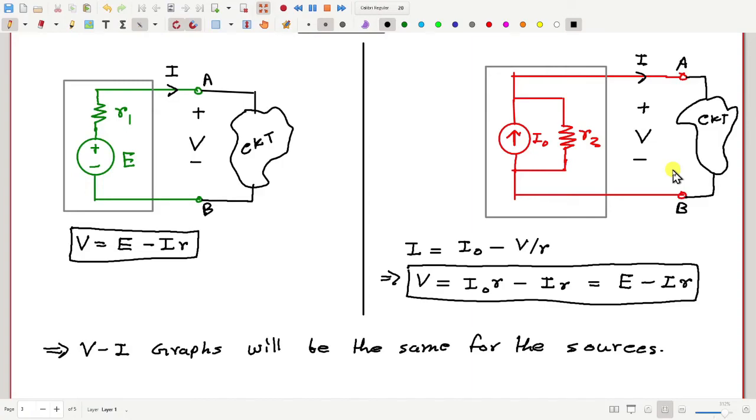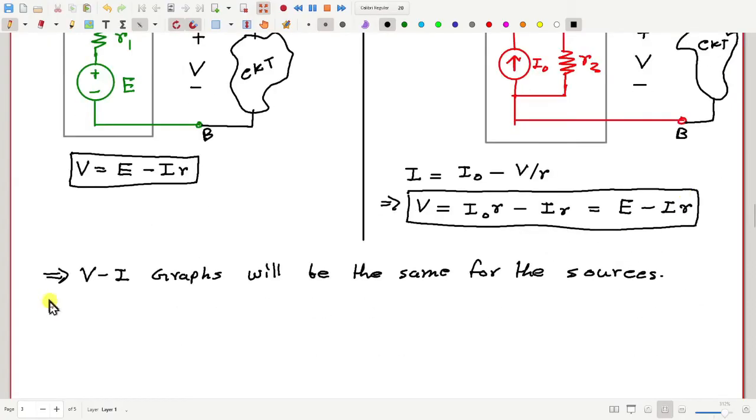Not only a resistance, if I connect any circuit between A and B, and if I connect the same circuit between A and B for the current source, then that circuit will not see any difference.